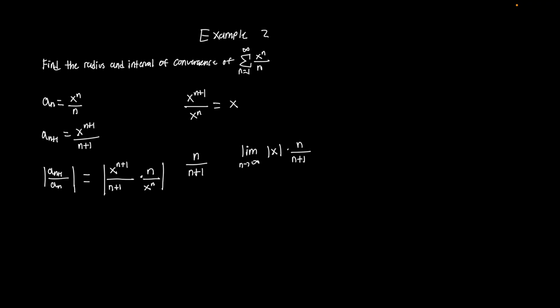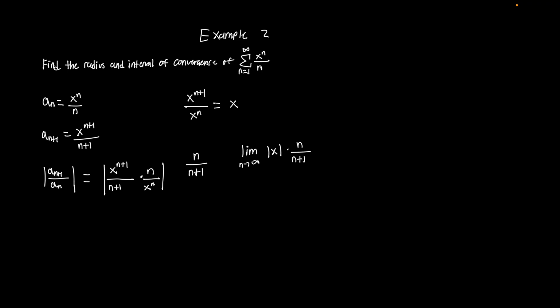So we know that this absolute value of x is going to be constant, right? Because look at the limit as n approaches infinity. We don't care about the x value, right? So we only need the limit of the n over n plus 1. So we can just keep this absolute value of x on the side.